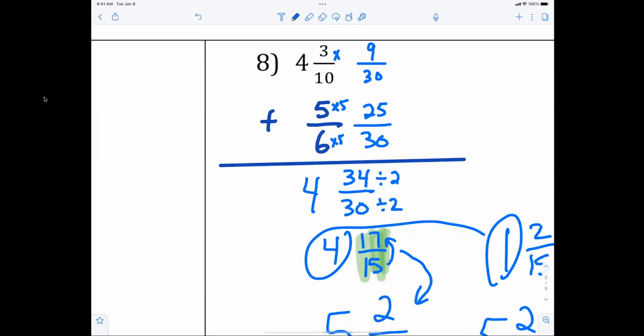This guy was multiplied by 3, multiplied by 3. Well, then how'd you get the 5? Why do you know how to multiply? Because you said the common denominator was 30, right? So from 30, that tells you what to multiply the 10 by to get to 30. Okay. All right, that's good.